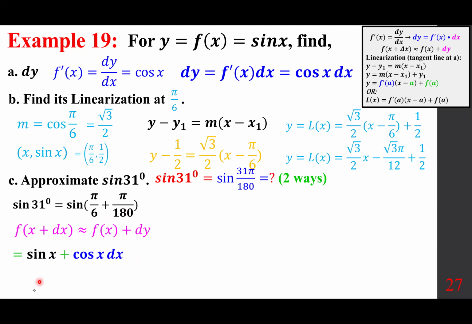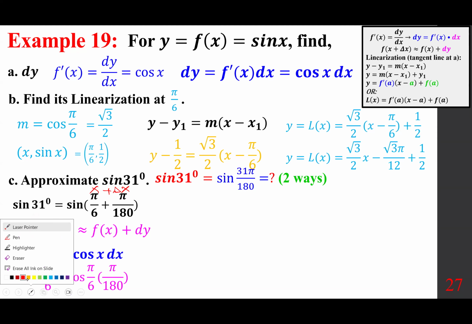So maybe I just remind everybody, x and delta x or dx. Delta x is the same as dx. And so this one we know it's 1/2. This one we know is square root of 3 over 2. Let me just replace it. So we know this is 1/2. We know this is square root of 3 over 2.